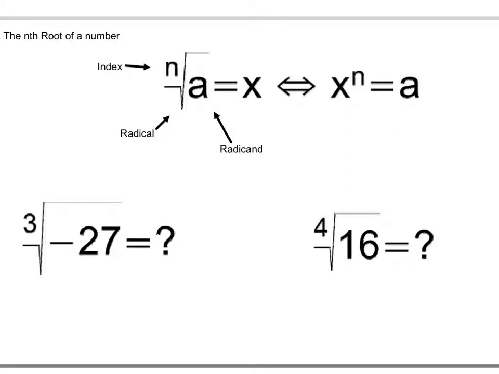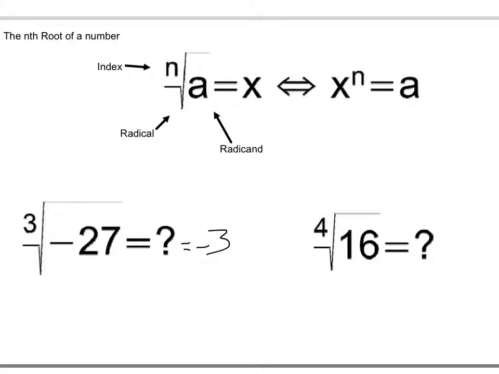Looking at my first example here, I'm asking for the cube root of negative 27. Negative 27 here is my radicand. 3 is my index. So what I want to figure out is what times itself 3 times equals negative 27. Well, with some trial and error or a couple of other things, I might realize that my answer is going to be negative 3.